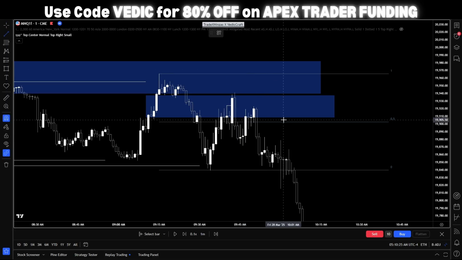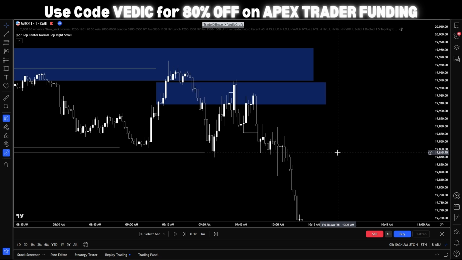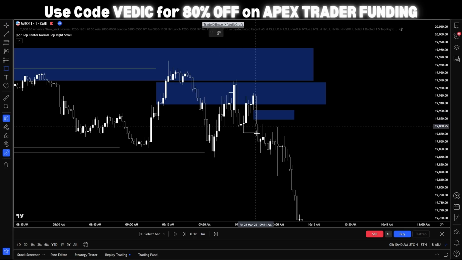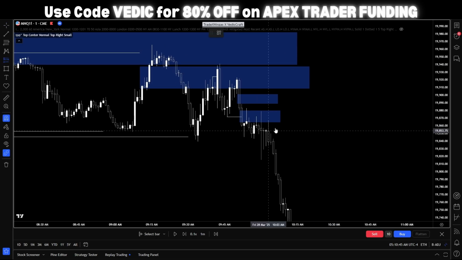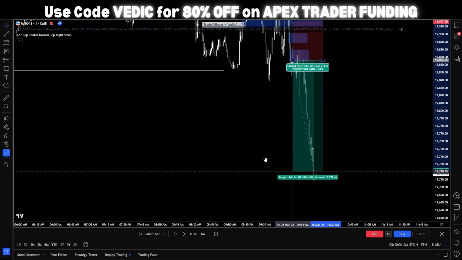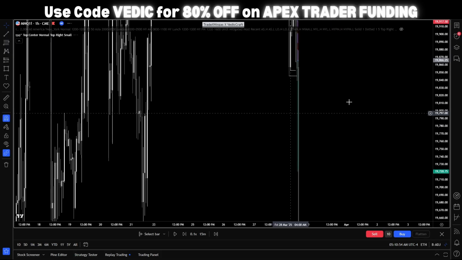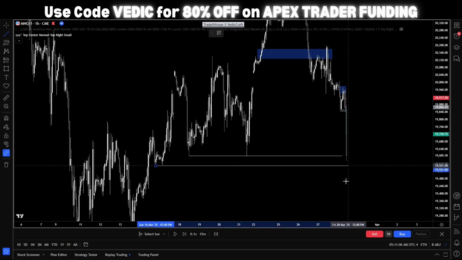And after the manipulation, what I want is a fair value gap with a change in state of delivery or a market structure shift. What price did next? Price created these two inefficiencies, and now on the macros we just fell off. You can see we are having these two lows as our magnetic area for the draw on liquidity pools.